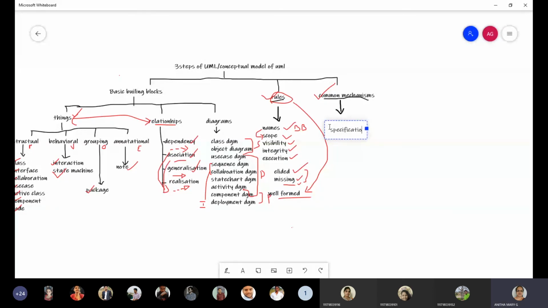Specifications. And the next one is adornments. Third one, common divisions.